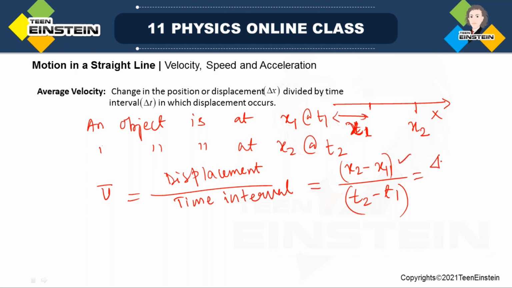This can be written as delta x, the displacement, and this is the time interval, written as delta t. This is actually the mathematical expression for average velocity. The bar sign tells us about the average of this quantity.